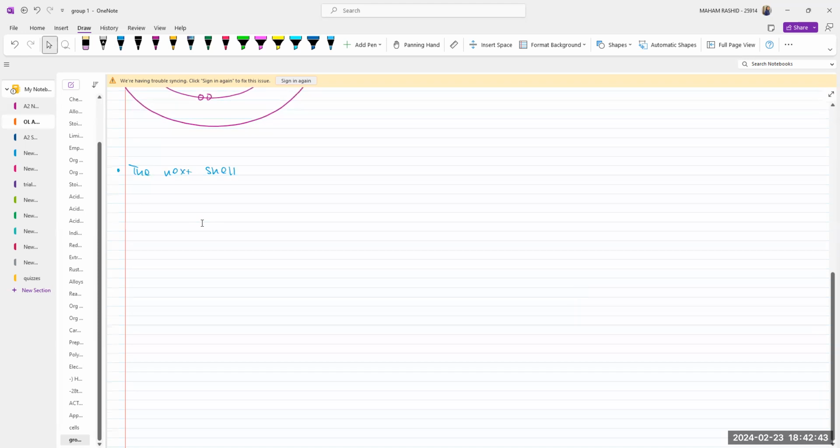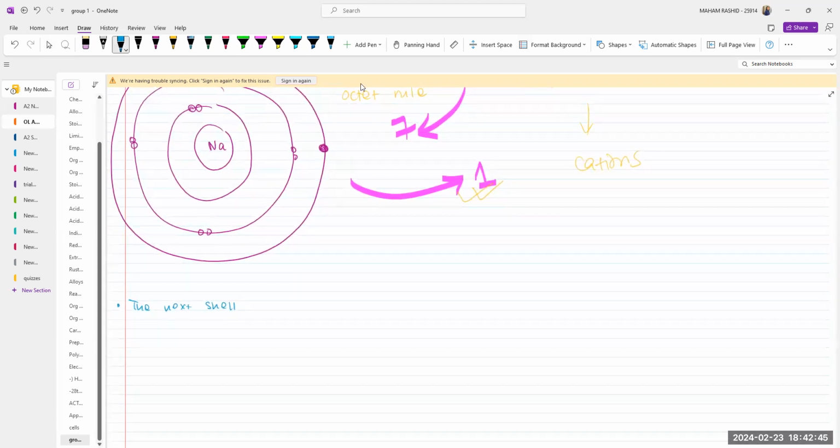After this loses the electron, this shell gets removed, right? So the next shell, what we mean by the next shell is this last shell. So this becomes the valence shell when this shell leaves.